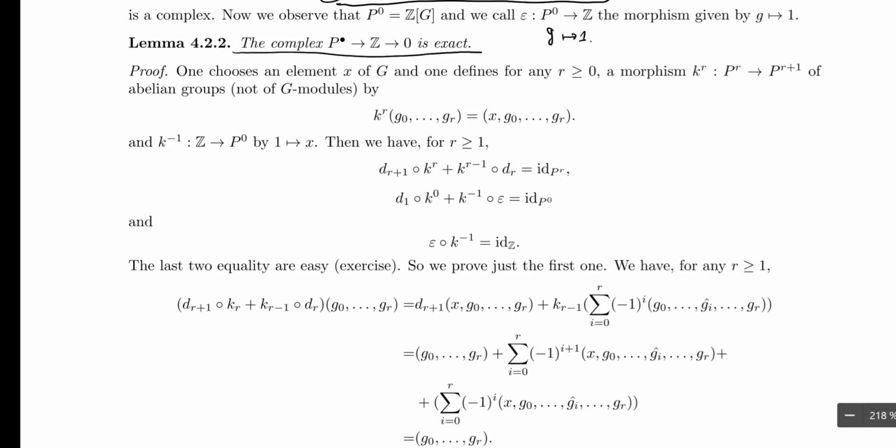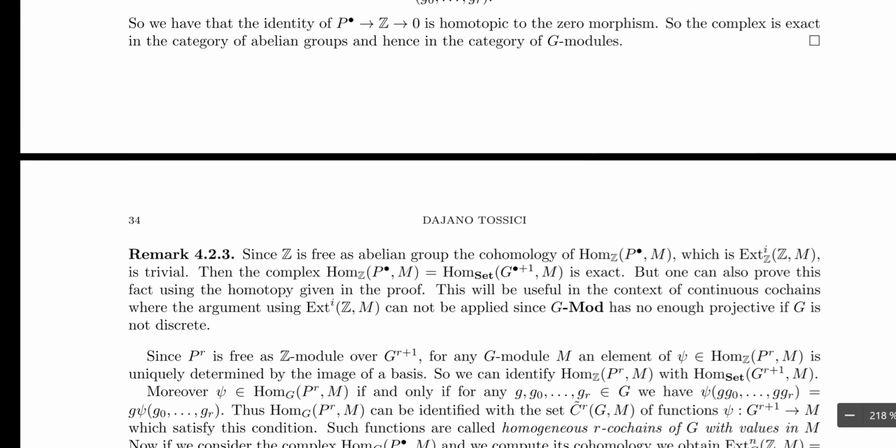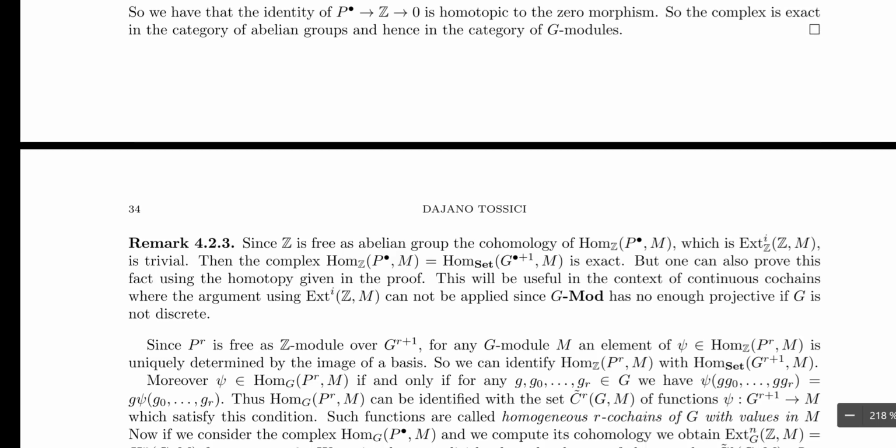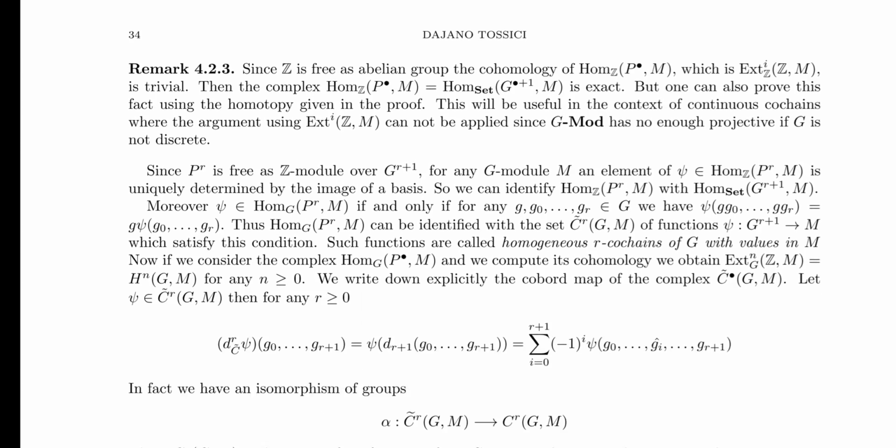Actually, by our definition, P_R is R plus 1 copies, with the element starting from 1 and any other position an arbitrary element of G as basis of this free ZG module. So P_0 is just a free ZG module generated by one element, so it's just isomorphic to ZG as a module. This complex being exact tells us we have a nice resolution.